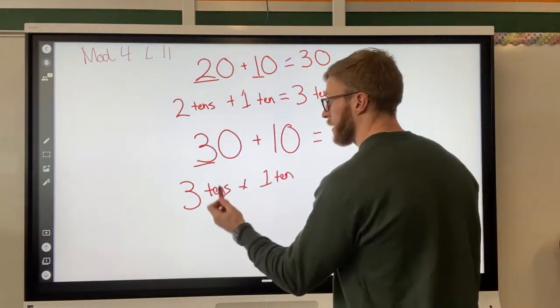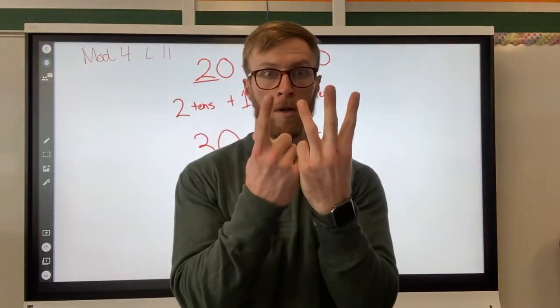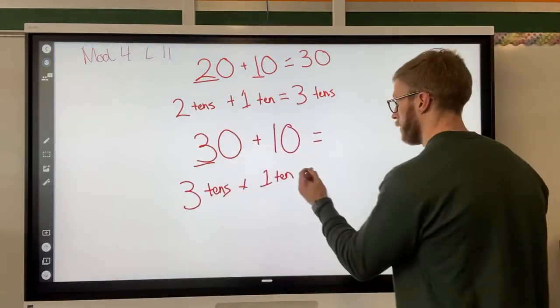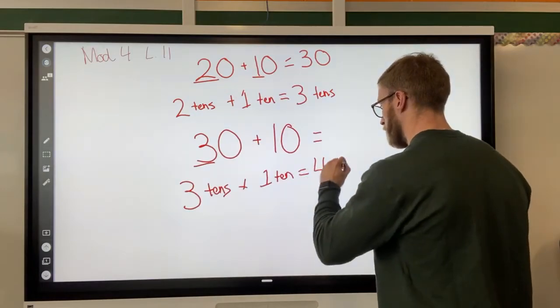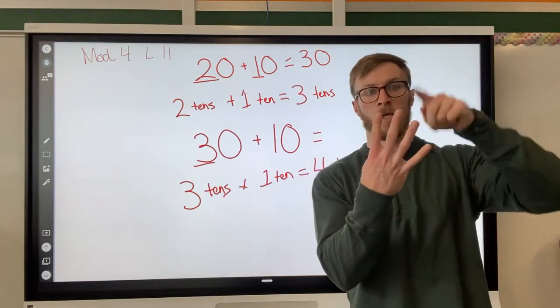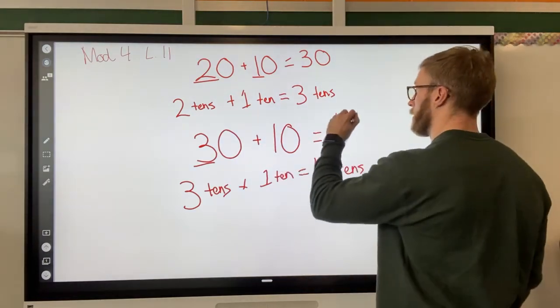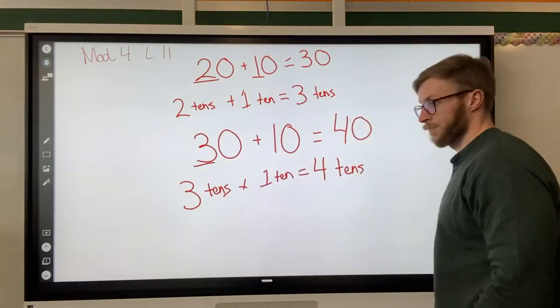So we have 3 tens plus 1 ten. Here's my 3 tens, here's my 1 ten. Boom. 4 tens. And 4 tens is also equal to 10, 20, 30, 40. So 30 plus 10 must equal 40.